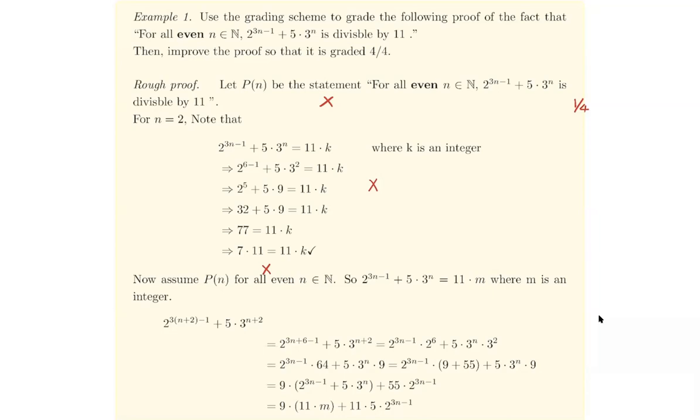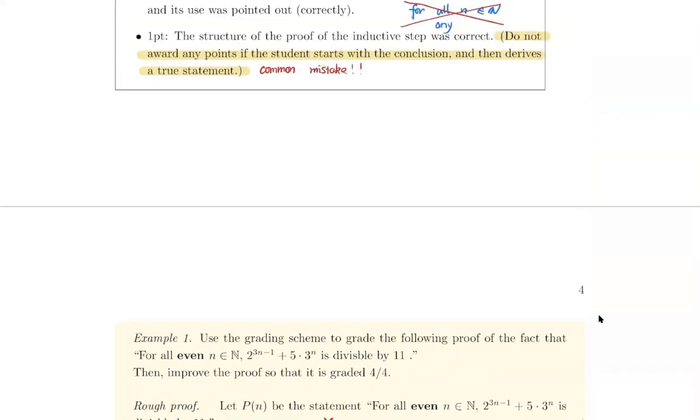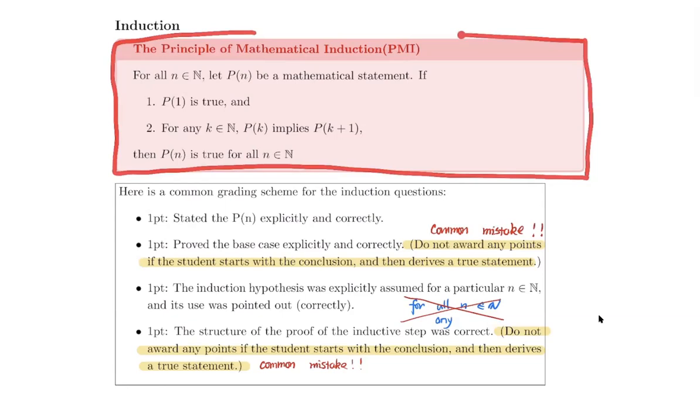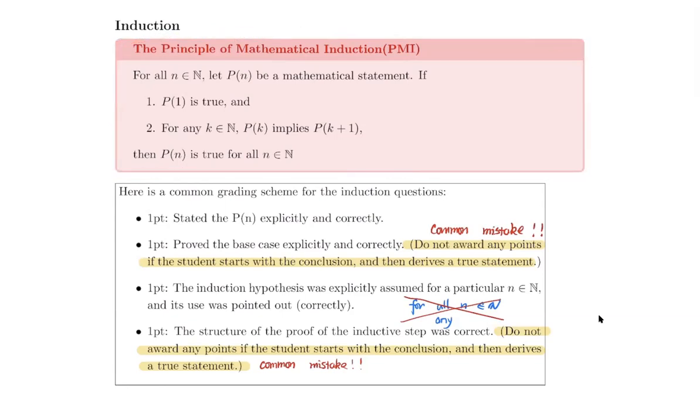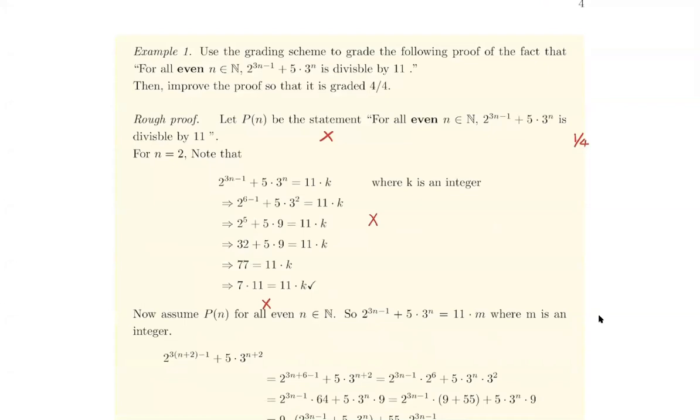Let's go back to the principle of mathematical induction. Remember what your P(n) is. Let P(n) be a mathematical statement. Then P(n) is true for all n in natural numbers, which means you need to show P(n) is true for all n in natural numbers. But here they are saying that P(n) is, for all n in natural numbers, divisible by 11.